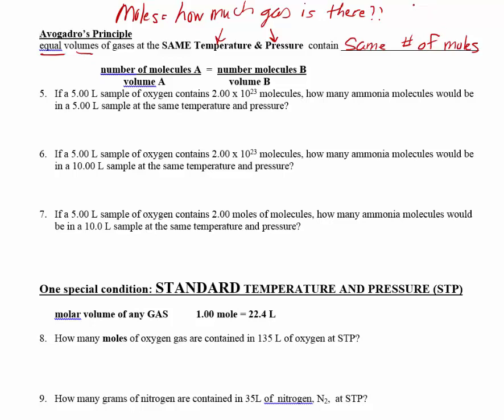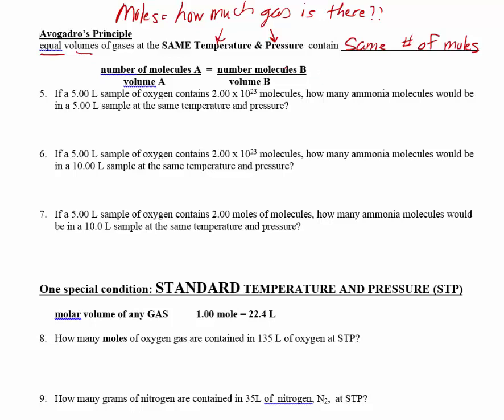Say in Mrs. Gunter's room there was a balloon that had 10 liters, and in Mrs. Cabani's room there was another balloon that had 10 liters. Mrs. Gunter's is nitrogen, Mrs. Cabani's has helium, and in my room I have 10 liters of oxygen. If they all had the same volume, we would know they all contained the same moles.